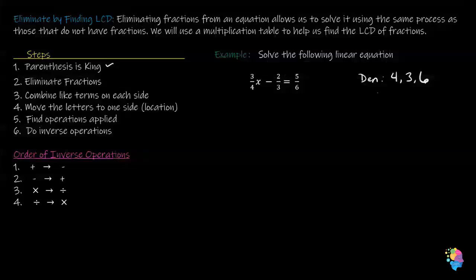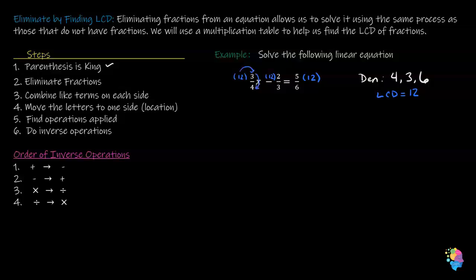All right, so we found our LCD to be 12. So what we're going to do is multiply every single term, each one of these, by that 12, the LCD. The way that we eliminate the fraction is we multiply times the numerator and then divide by the denominator.